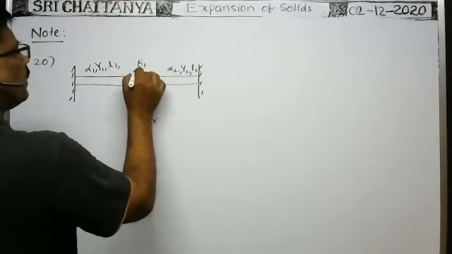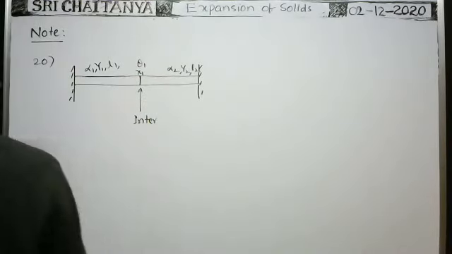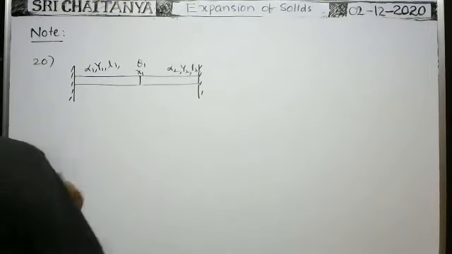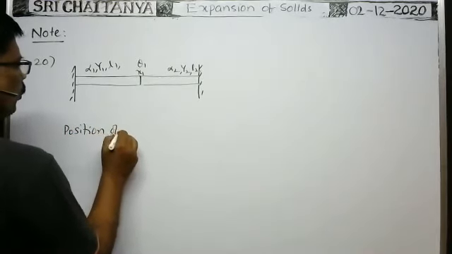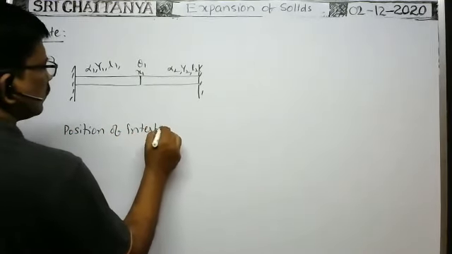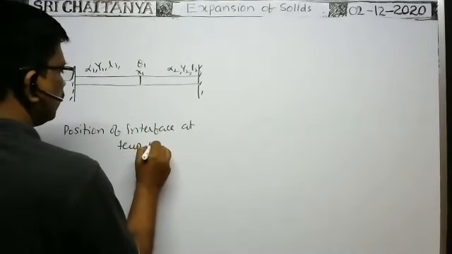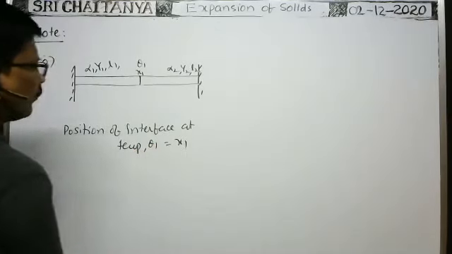The position of the interface at temperature theta 1 is equal to X1.